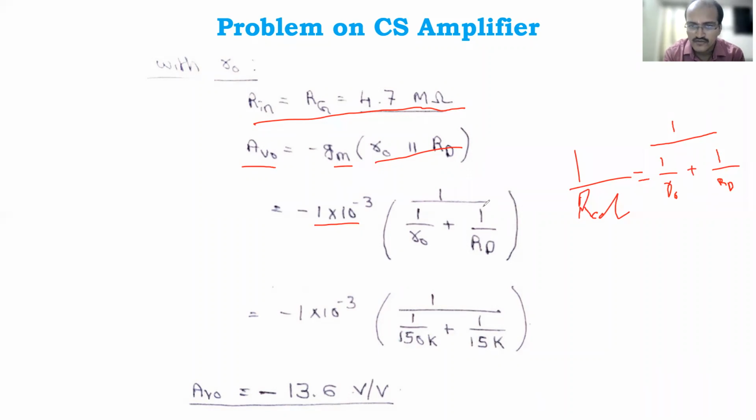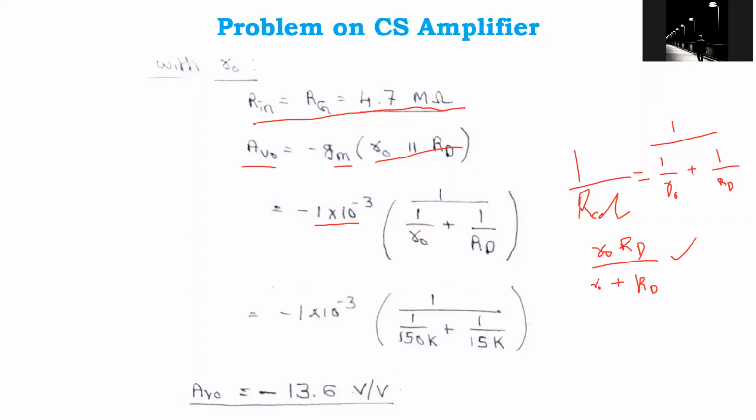Either you can use this, or the R1 R2 by R1 plus R2 formula, that is R0 into RD divided by R0 plus RD. You will get the same thing, no change in the answers. You should know solving in both ways, so I am showing both methods, and the second can be used if only two resistances are in parallel.